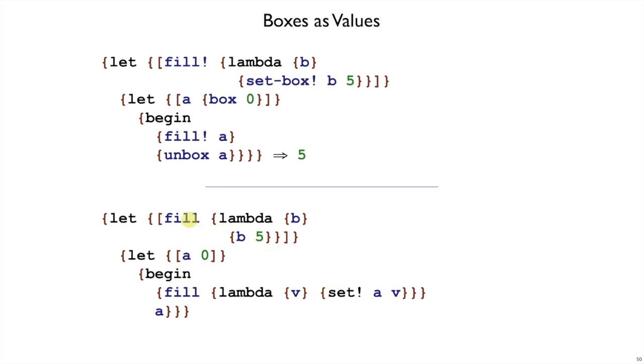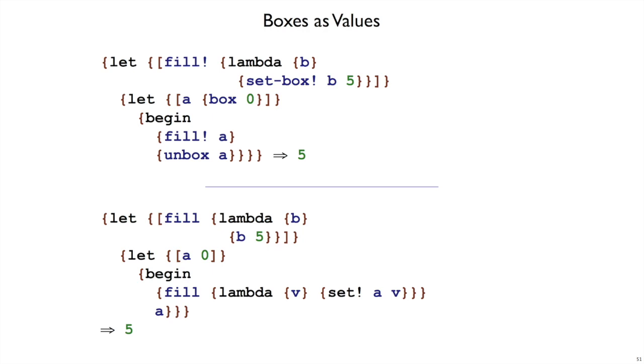So now the fill function, even though it's defined outside of where A is bound, is going to receive this B, and instead of doing a set bang, it's going to call the function on 5. That will have the effect of changing A to be 5 instead of 0. So we see here we can get a kind of effect where we can pass something to a function, and that function can make changes, and we can see it as a variable.